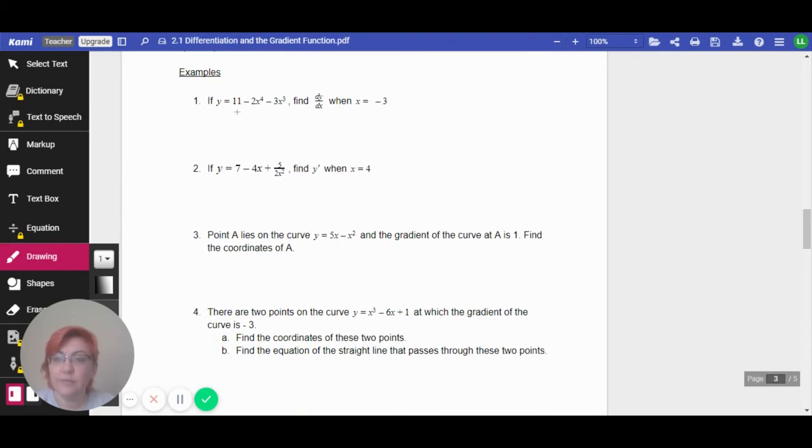Number 1. So we have dy over dx equals, here's my constant, and if you remember, it's going to end up being multiplied by 0, so it's just gone.